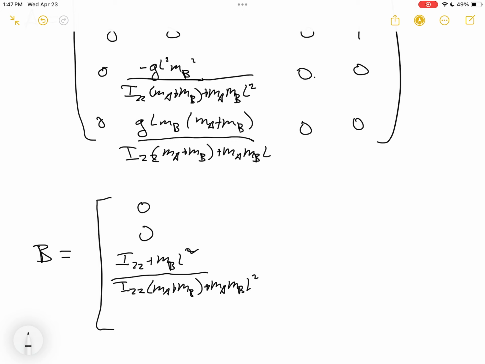And M inverse G, the second element, is minus l mb over Izz (ma plus mb) plus ma mb l squared.